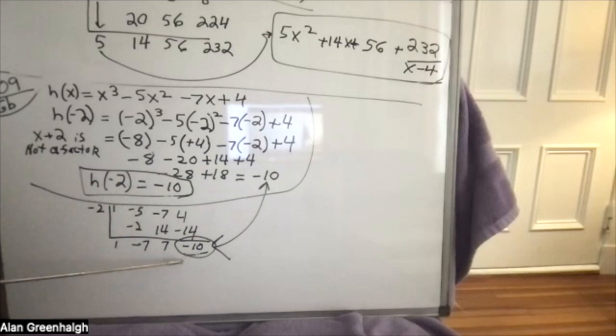It's like using the remainder theorem, but look how quickly and easily and neatly it came out compared to this. And I put the wrong number over there. All kinds of things can go wrong. But the verification that the problem is looking for is that using the remainder theorem, we get -10. And when we use synthetic division, we see that there is a remainder, and the remainder is the same number, -10.